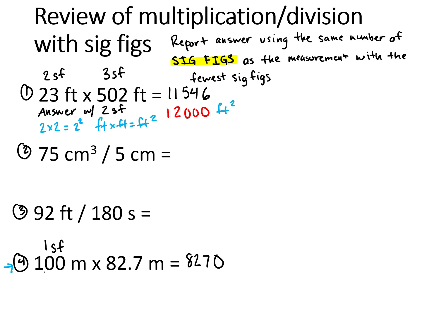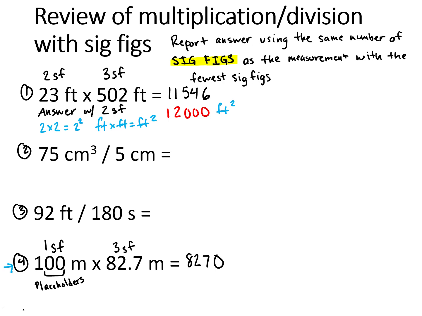These other 2 zeros are placeholders. Remember the rule. Zeros at the end of a number without a decimal place are not significant. So 100 without a decimal only has 1 sig fig. However, 82.7 has 3 sig figs.